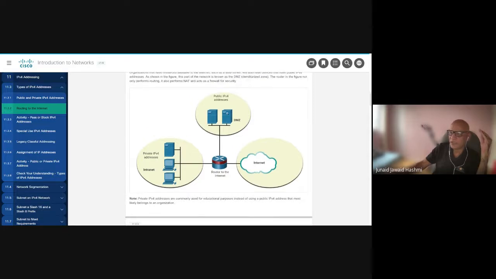Here there is the DMZ, which stands for demilitarized zone. It comes from military terminology, I guess. So what do you do in a typical network?